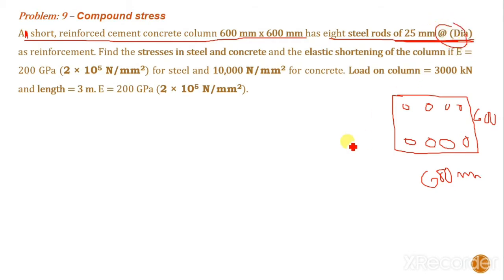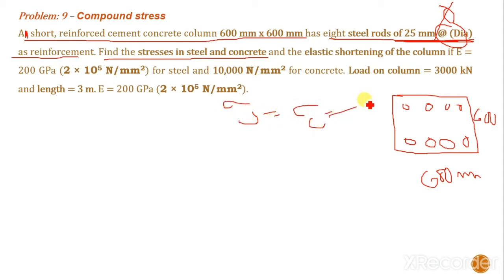See, I told you in the previous class that diameter is also denoted by phi. So as reinforcement, find the stresses in the steel and concrete. I mean, he's asking to find sigma s and sigma c and the elastic shortening of the column, delta L. E is equal to 200 gigapascal, 2 into 10 to the power of 5 Newton per mm square for steel, and for concrete it is 10,000 Newton per mm square.